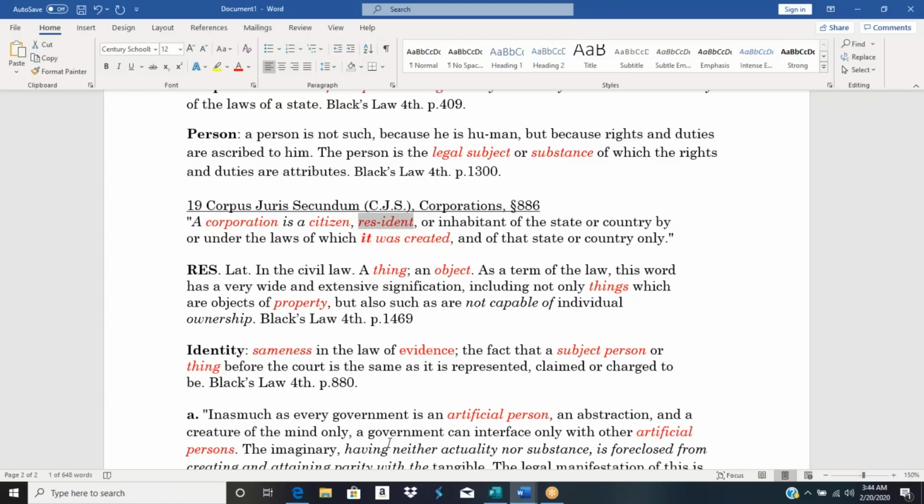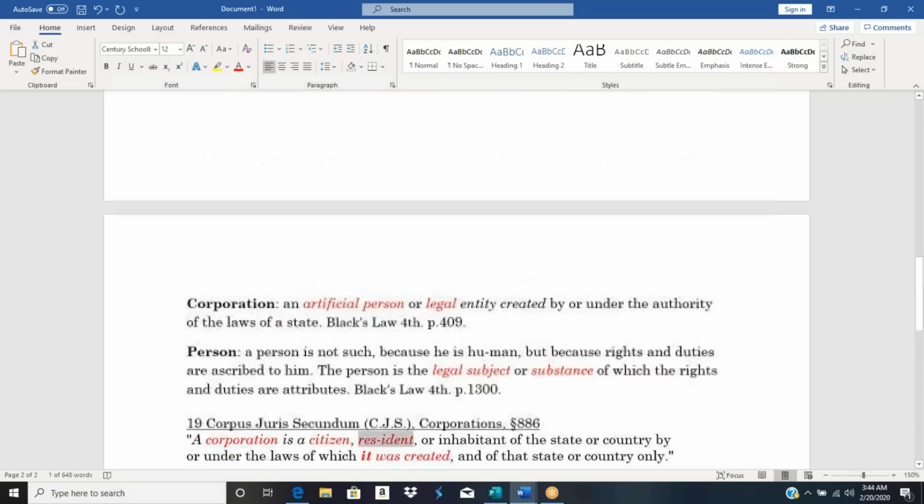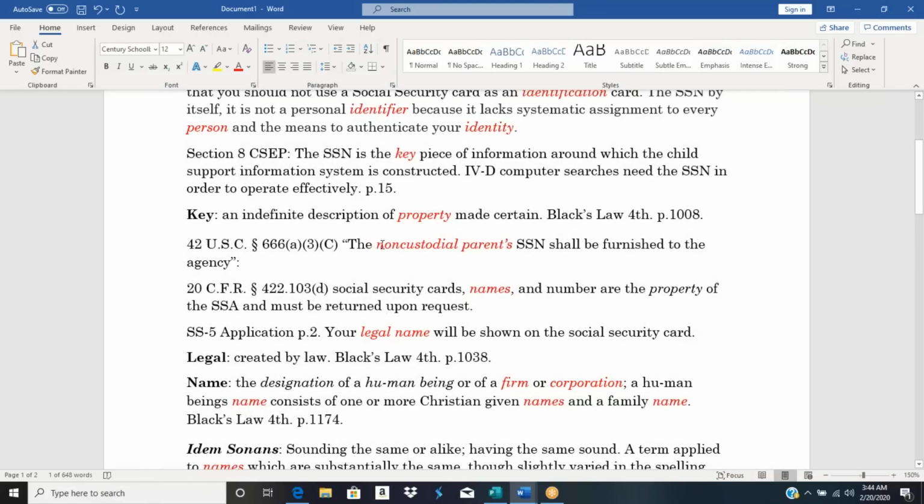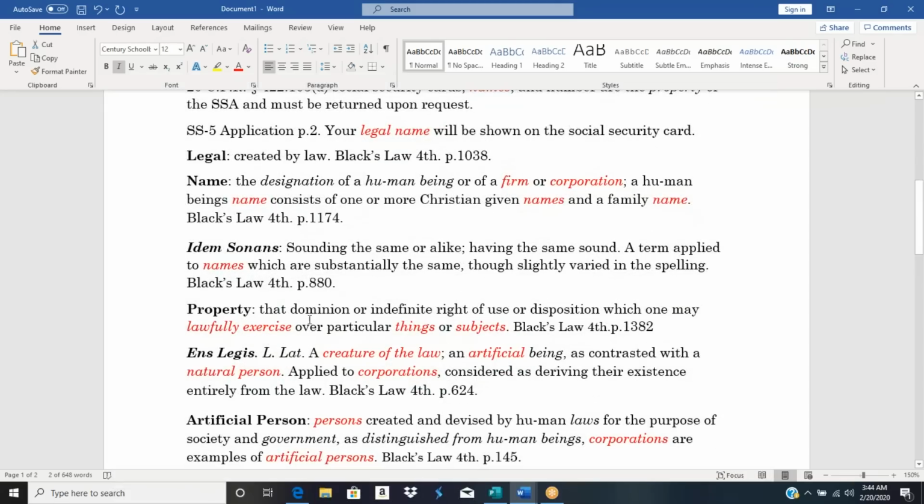All right, so the Social Security number is not an identity, but, as crazy as it is, it identifies the non-custodial parent as property of the Social Security Administration. And gentlemen, just so you know, the Social Security Administration is not a governmental entity.